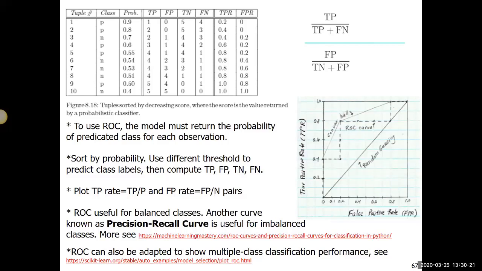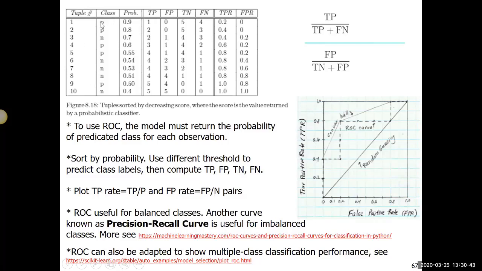The system can predict a class. It can also predict what the probability is that this instance belongs to this class. So to use the ROC curve, the model must return the probability of the predicted class for each observation. In this little example, we have 10 observations.